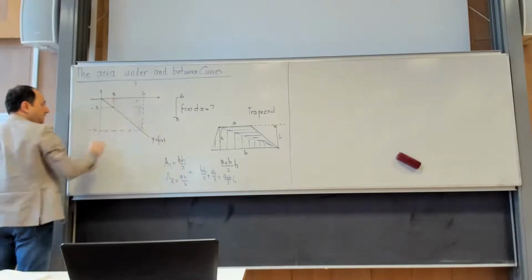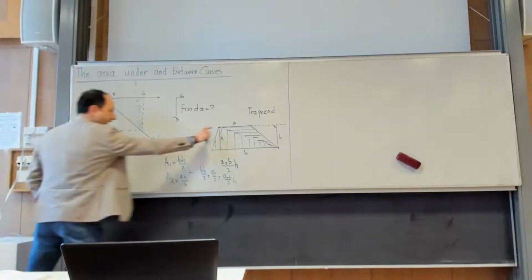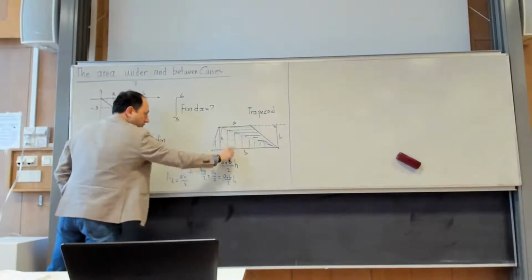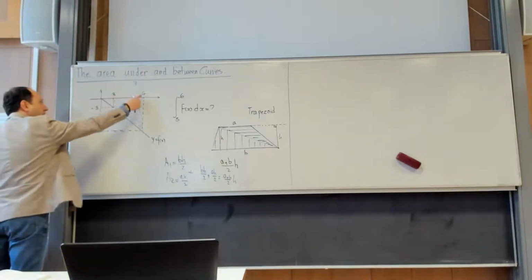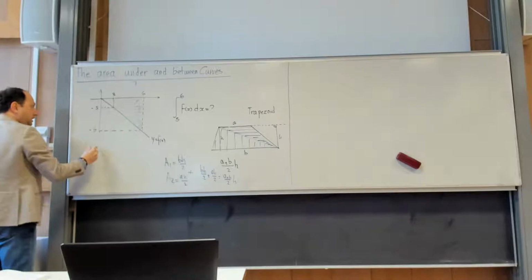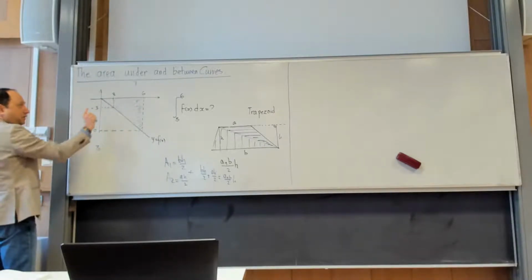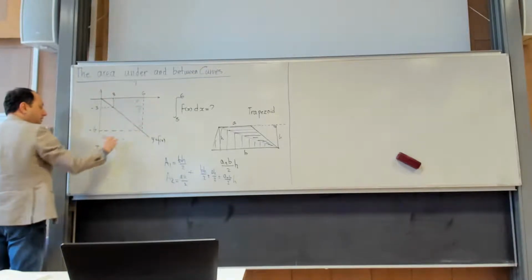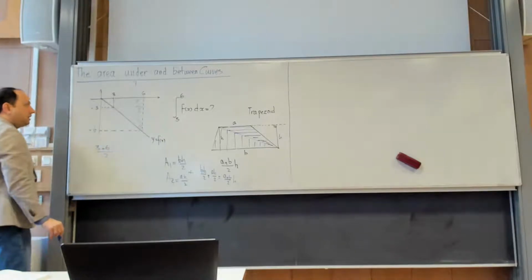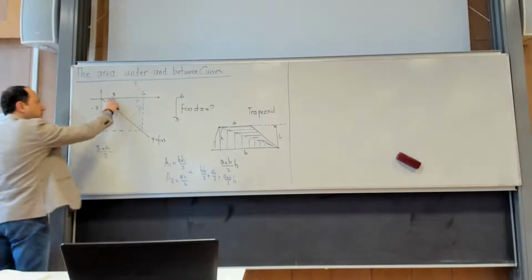So what are the bases here? Can you tell me? These parallel ones play the role of the bases, yes? So the parallel ones are this one and that one. So what is this? It is 3 units, even though it's -3, but I am talking about the length. So the length is 3. And the length here is 6. I add them, I divide by 2 and multiply by the height. What is the height here? From here to here.